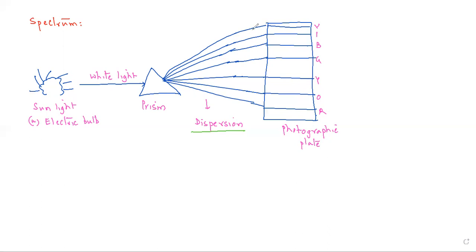So simply speaking, spectrum is an impression produced on a photographic plate. Right. Now, the thing that you have recorded is a spectrum.